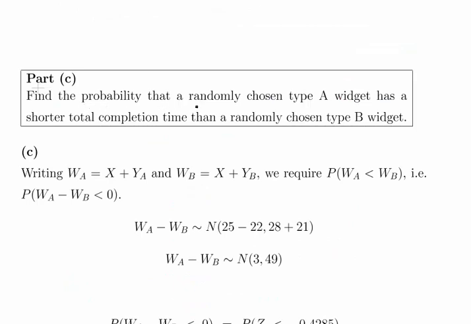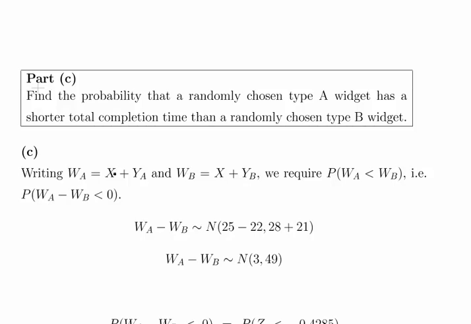Find the probability that a randomly chosen type A widget has a shorter completion time when compared to a randomly chosen type B widget. Okay. So this is the same question again, but we're not assuming that they both had the same preparation time at the start.